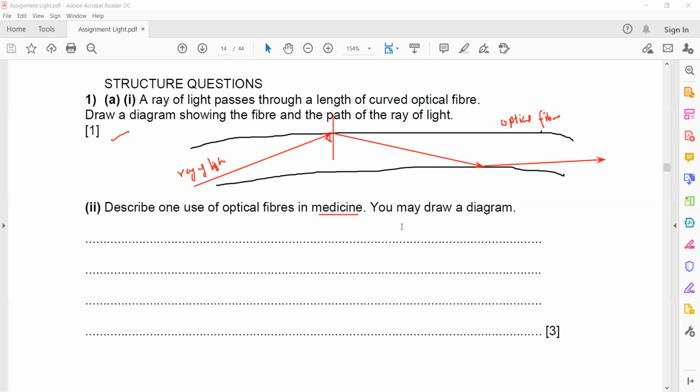How does it work, how is it used in endoscopy? Basically, light travels through optical fiber, and we normally use bundles of optical fiber so that it can bend. So light travels through optical fibers in and out.